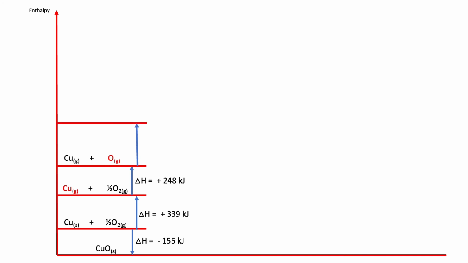Next one. We start with the first ionization energy for copper. We get this, positive 745. And I will directly continue with the second ionization energy for copper ion, which is this. Okay, there you go.